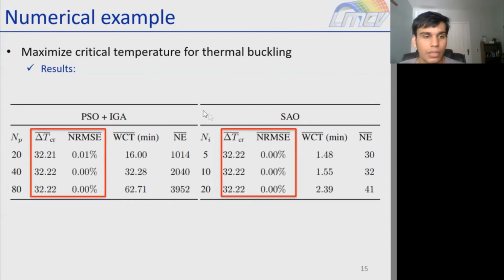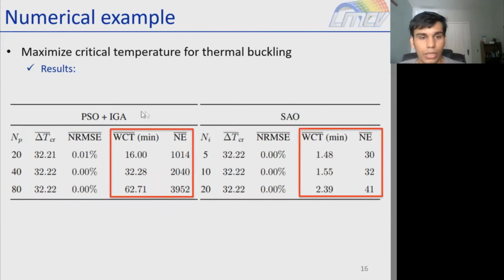We can observe that in all the optimizations, the optimal design was found, and the errors were really low, not significant. So we can actually compare these two because they had very good results. However, when I take a look at the execution time, we see that the SAO was much faster. In this first comparison, it was around 10 times faster, and finally, in the third comparison, we have 25 times faster.